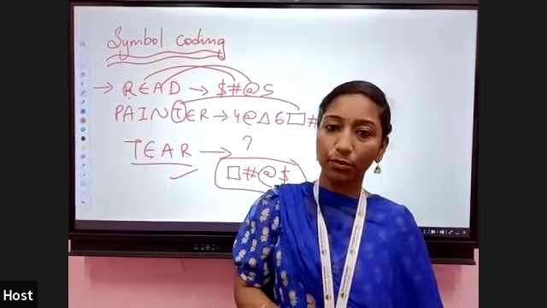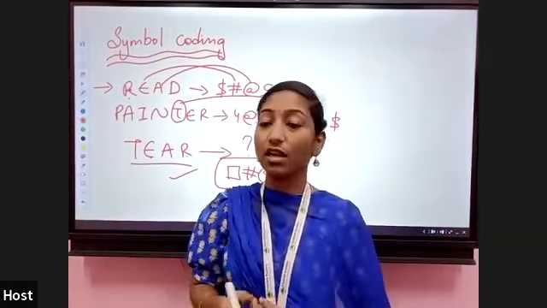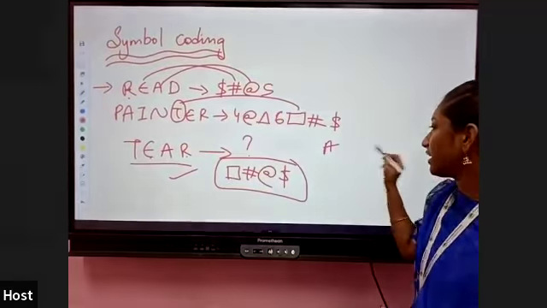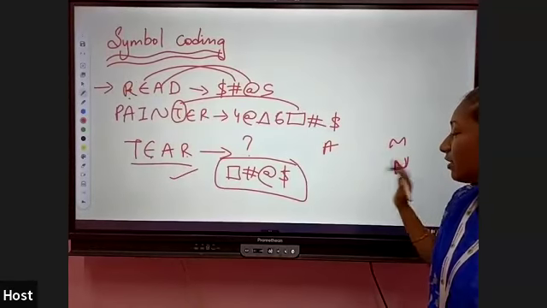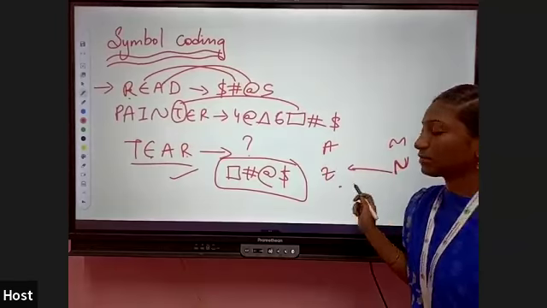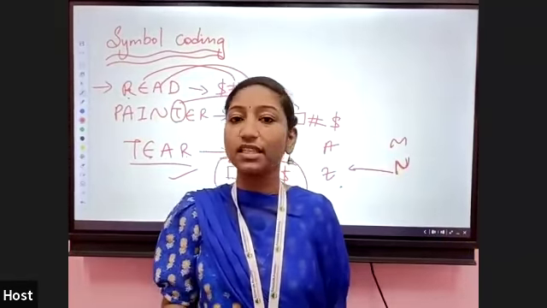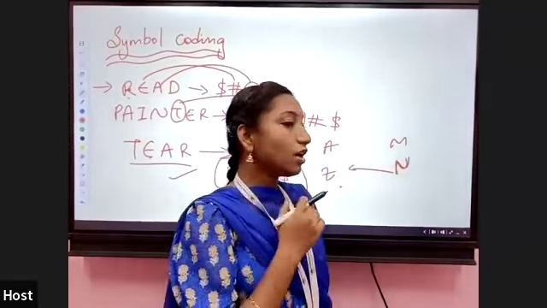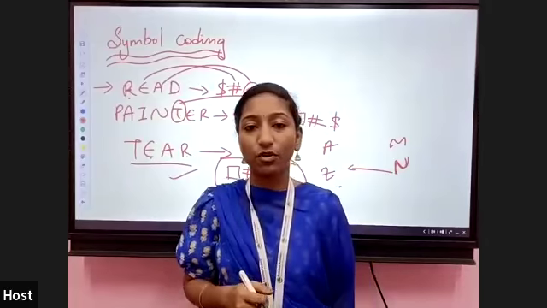So the table is very important. First observe how we write A to Z. First we write A to M, and then N to Z. In this way we write alphabets in reasoning. So keep this in mind and solve the problems of coding and decoding.